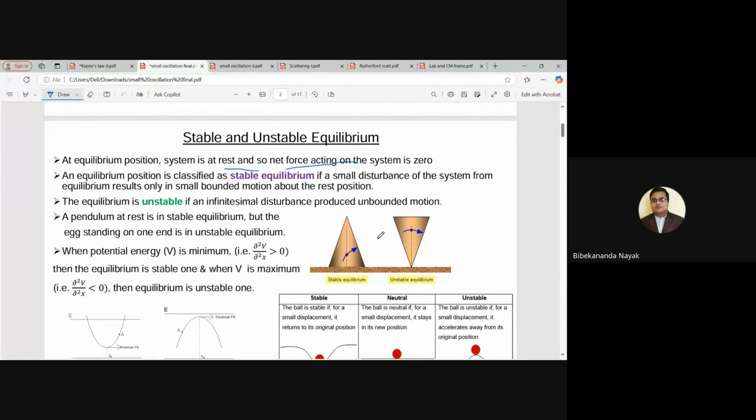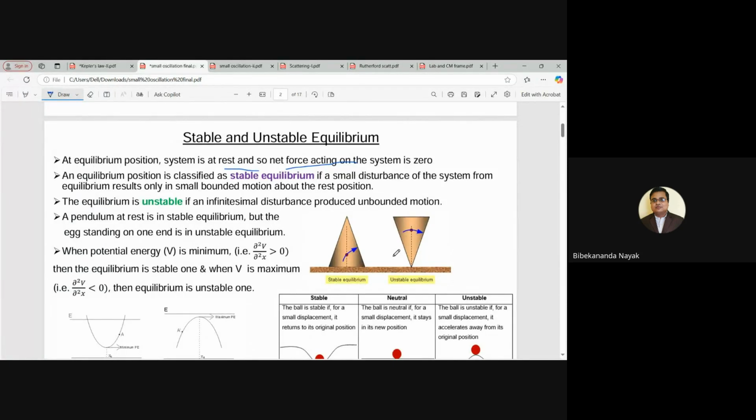We call it a stable equilibrium when, if you slightly disturb it from its equilibrium position, it executes simple harmonic motion, and after some time it will again come back to its original position. But unstable equilibrium means if you slightly disturb it, we cannot get its original position back, because it may not execute any motion.